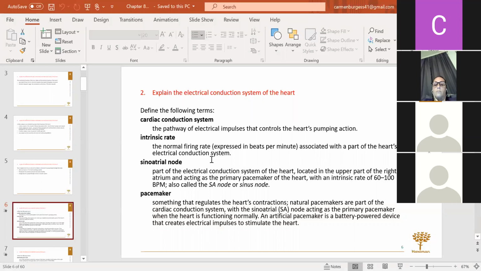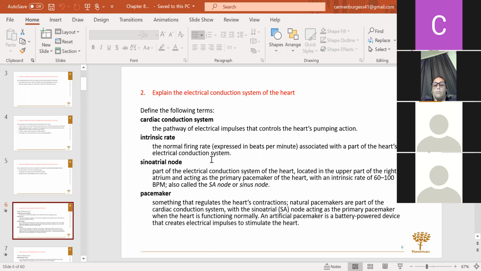So intrinsic rate is the normal firing rate of your heart's electrical conduction system. The SA node, or sinoatrial node, is part of that system. It's located in the right upper atrium, and it is also called the primary pacemaker of the heart. What is the intrinsic rate of the SA node? 60 to 100.